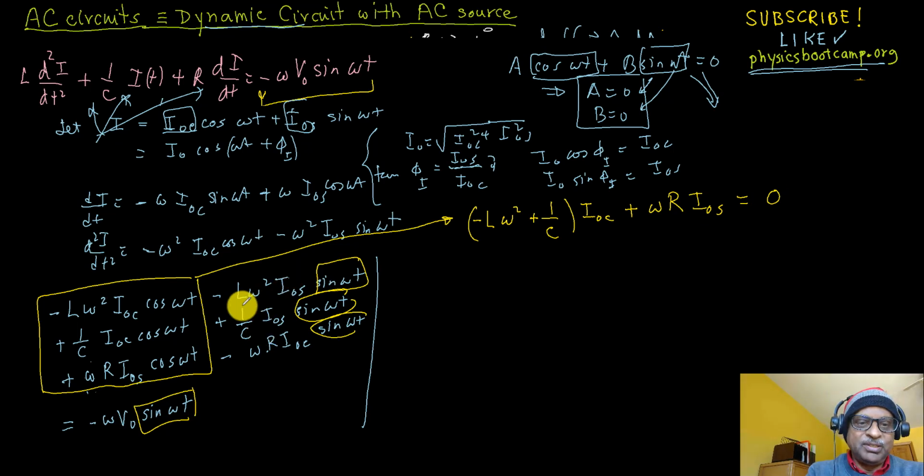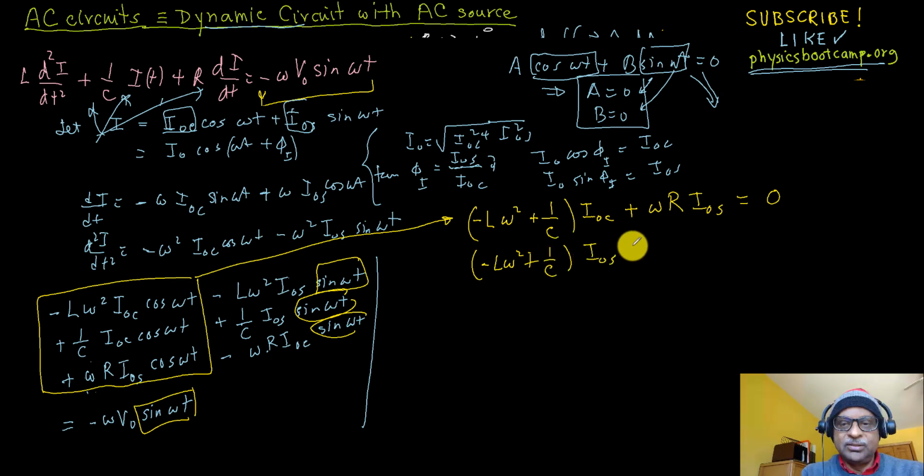And from these guys I'm going to get minus L omega squared plus 1 over C I0s minus omega R I0c, that's equal to minus omega v0. So I can solve for these guys and then just plug in here and get the answer, right?